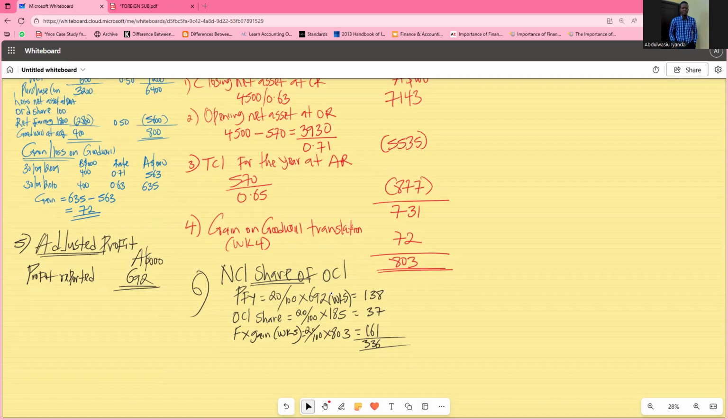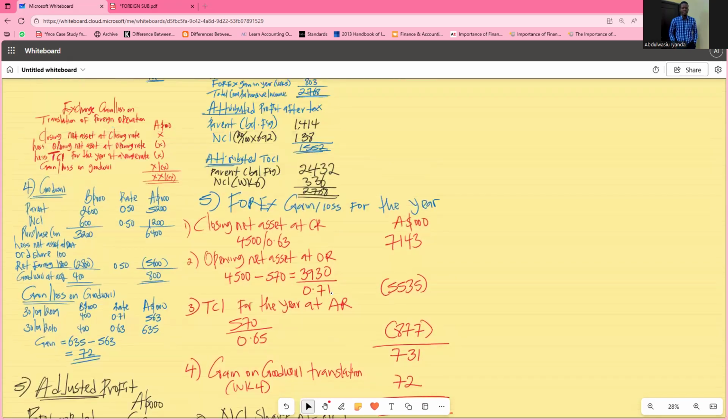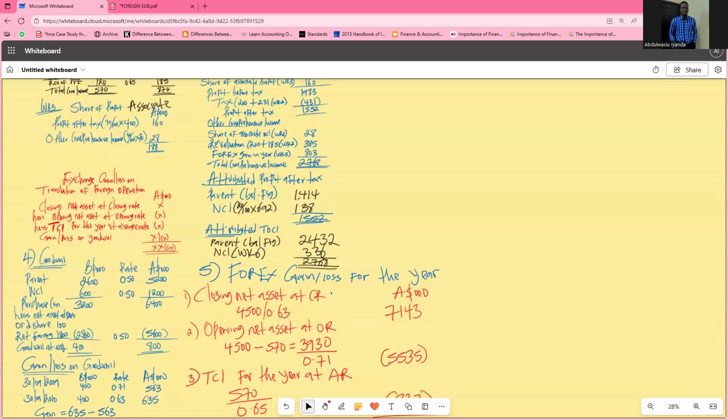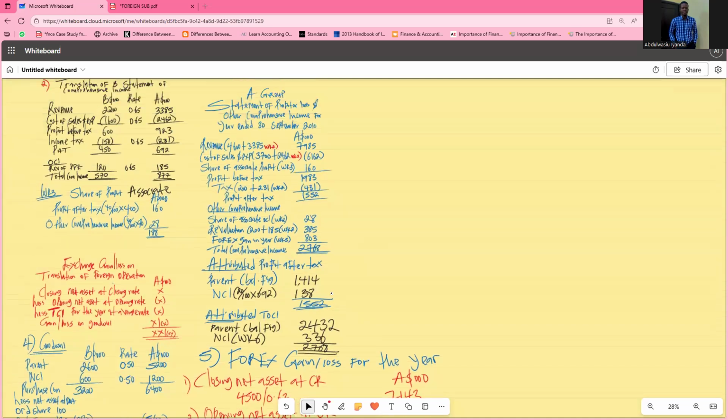And there's also the forex gain, which is your working 5. Then you sum everything, which means that the NCI share as a whole is 336. Then the total comprehensive income is 2768, minus 336, then you have 2432. So this is the whole of everything.